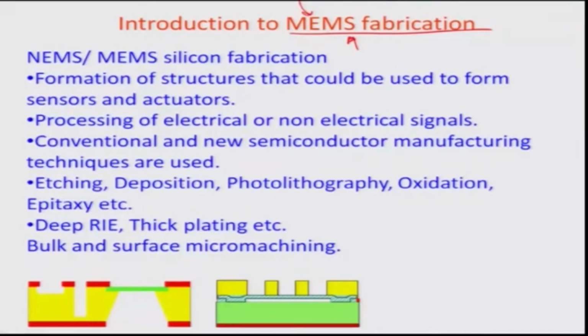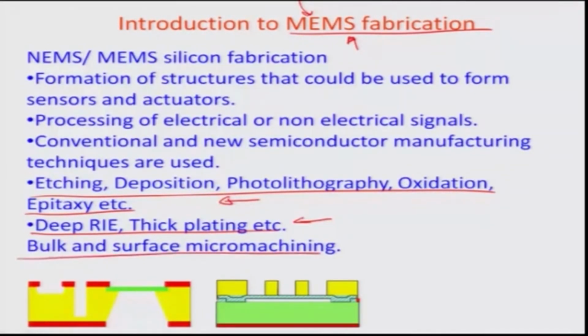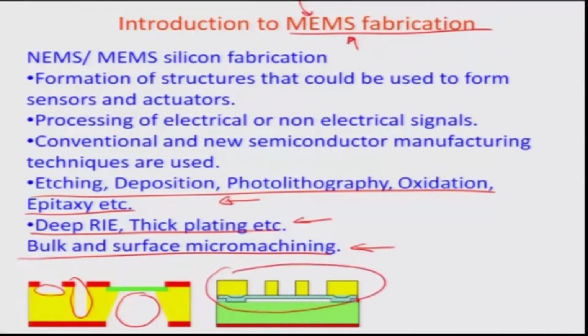So, in micro machining, or let us say MEMS machining, MEMS grade machining, you do various techniques like etching, deposition, photolithography, oxidation, epitaxy, etc. You do deep RIE, thick plating, and these techniques we would discuss in great detail. And then the idea is that either you do bulk or surface micro machining, where in one case you subtract the material away. You can see here the material is being subtracted away by the etching processes, and here you can see the same thing being deposited. Okay.